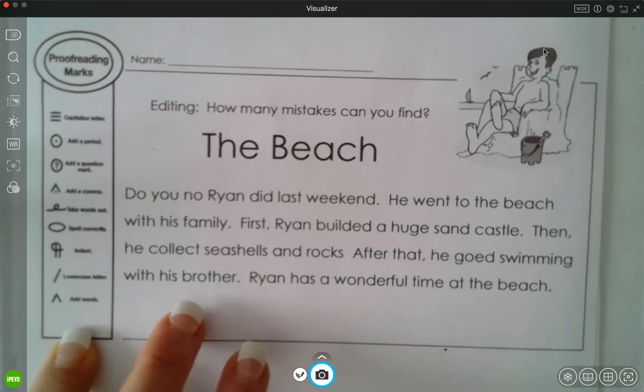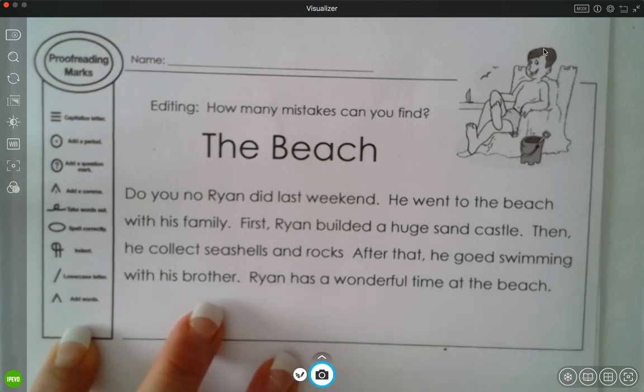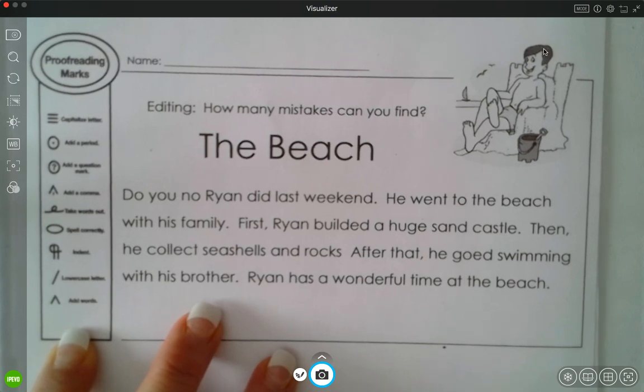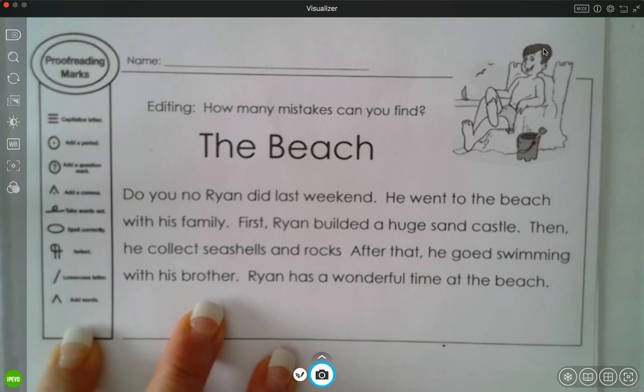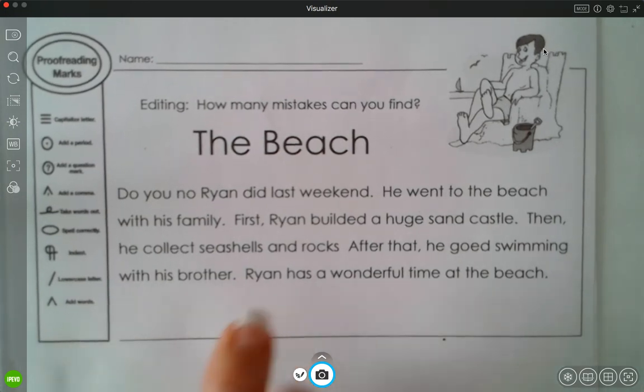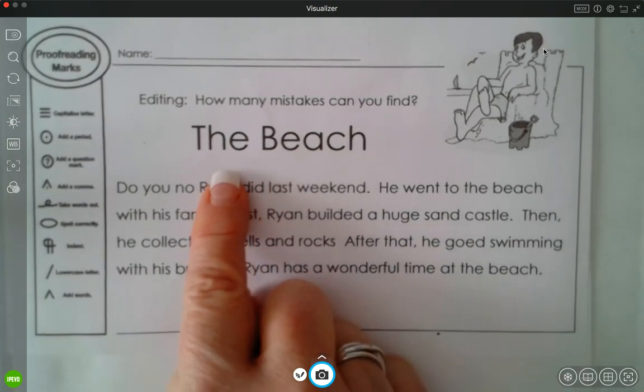And then you'll get to check and see how you do. So this one is just going to be practice. And then after you practice, there will be an opportunity for you to do some independent practice on a separate paragraph. So to get started today, we're going to be using a paragraph called The Beach.